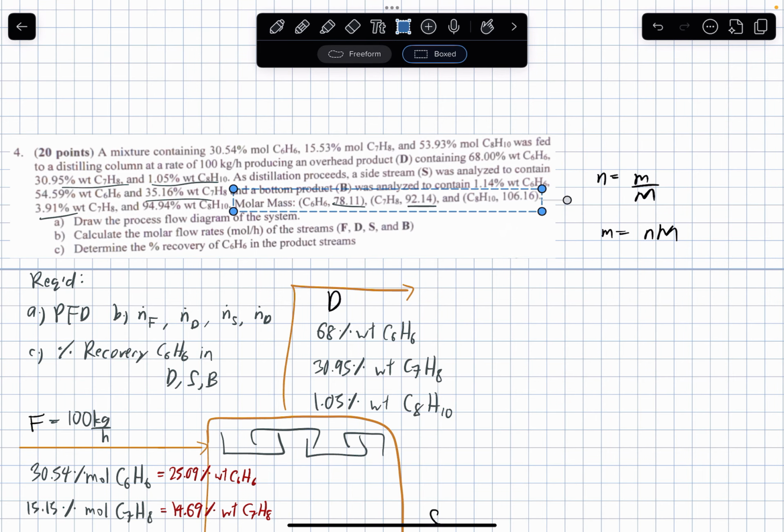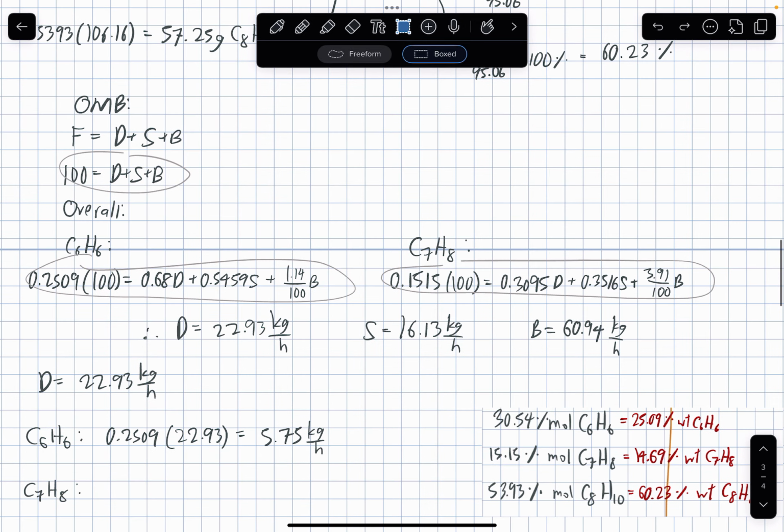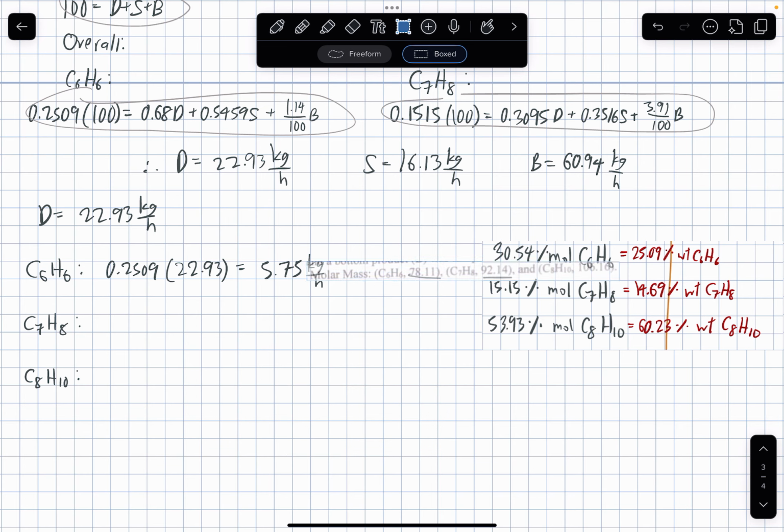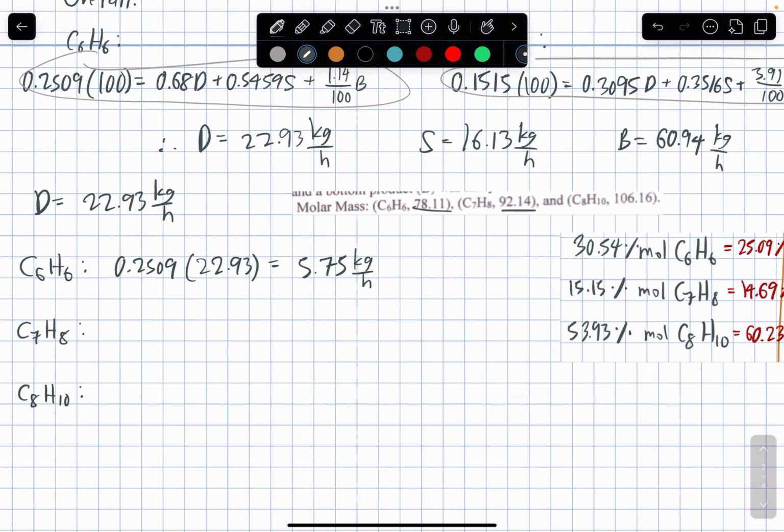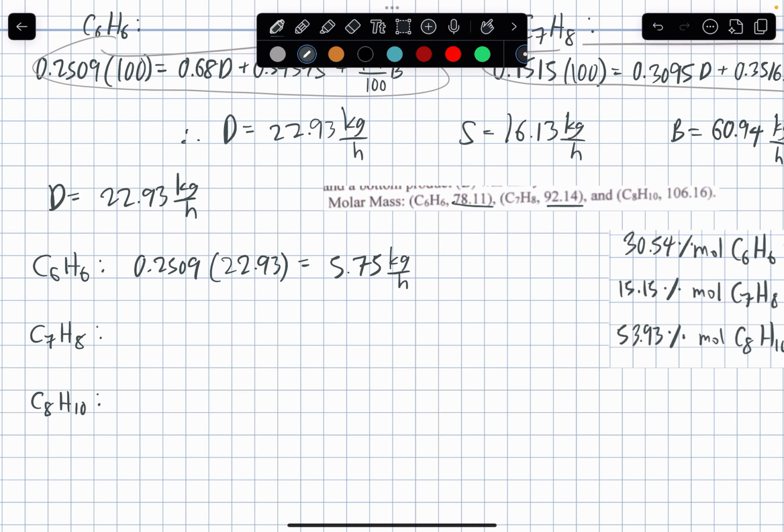C6H6 molar mass is 78.11 kilograms per kilomole.